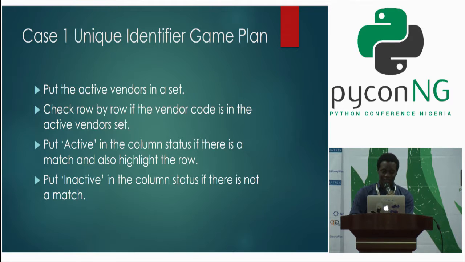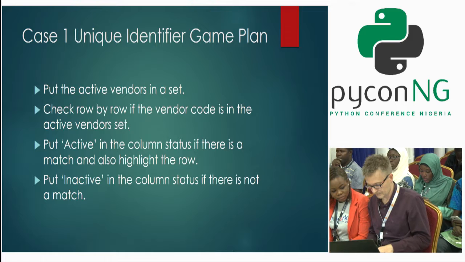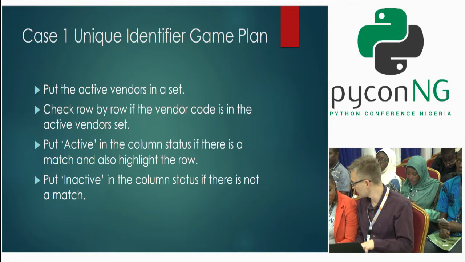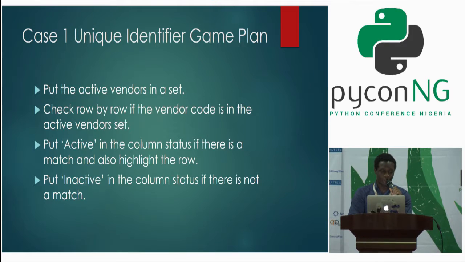So it's time for the demo. Here we have the Excel file containing the list of active vendors. Step one will be to get this Excel file into Python, and then we can start working on it. We get this Excel file by simply saying workbook equals, and this is just a path to the Excel file.